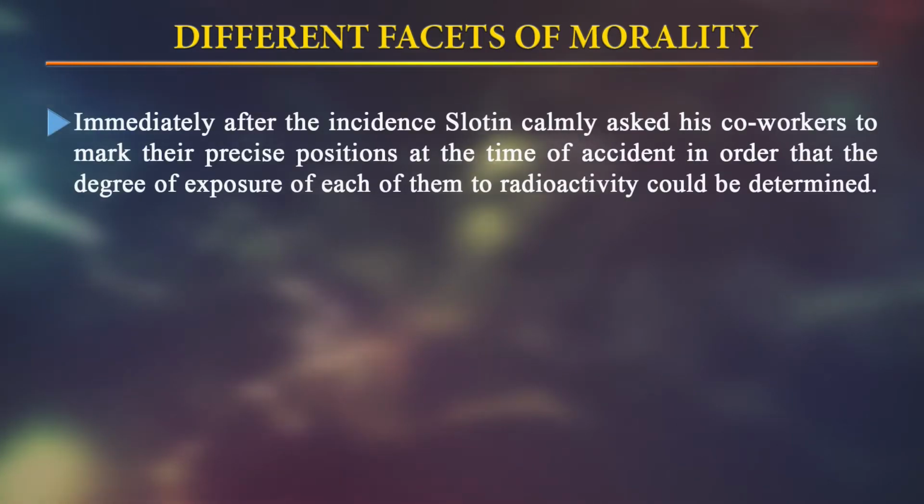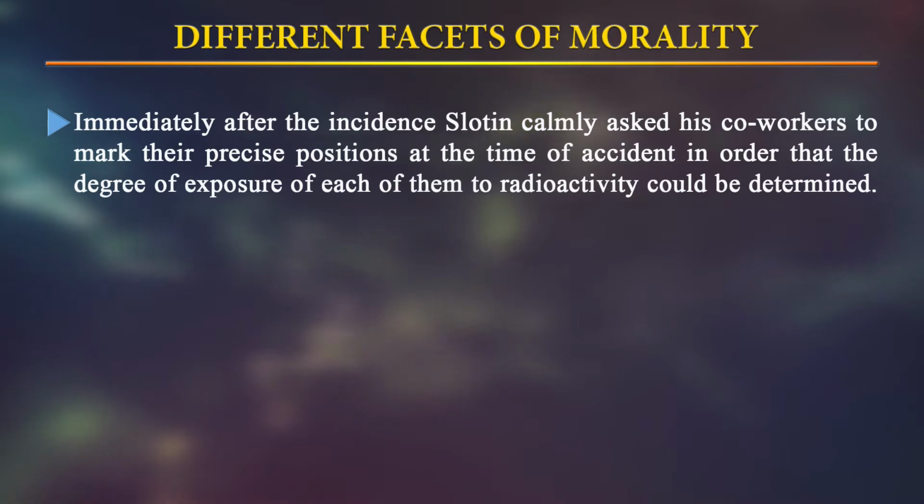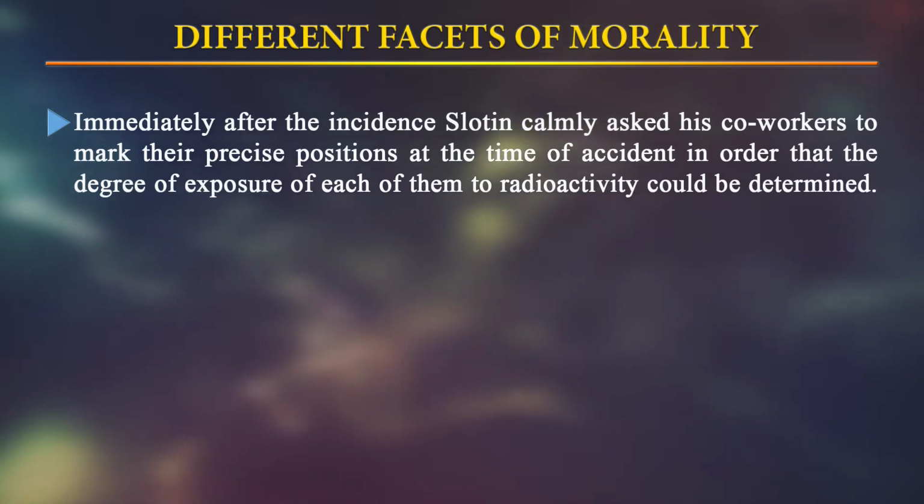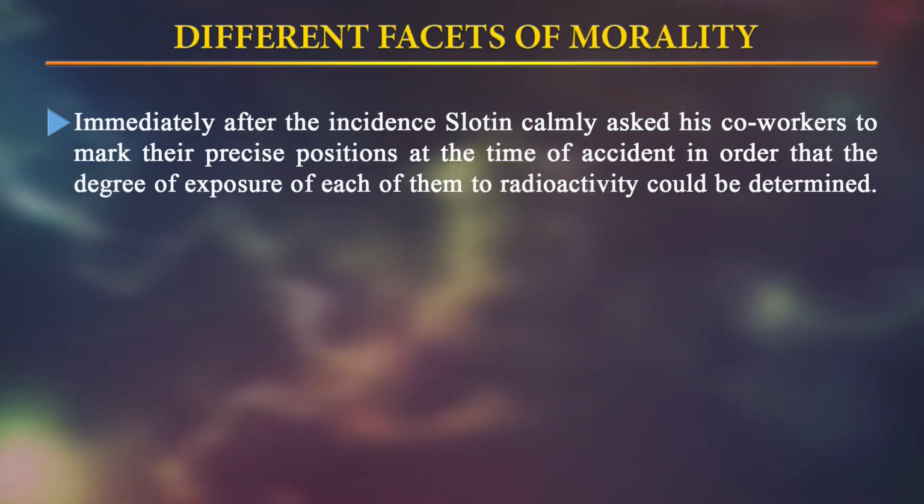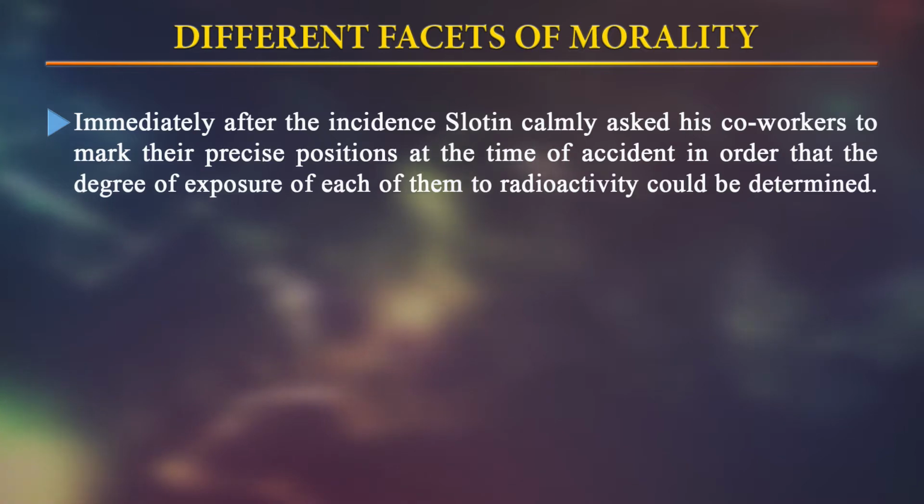Immediately after the incident, Slotin calmly asked his 7 co-workers to mark their precise position at the time of the accident, so that the degree of exposure of each of them to radioactivity could be determined.